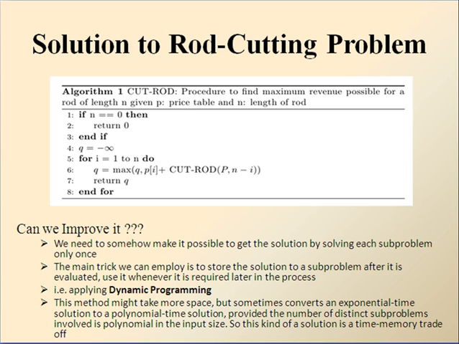This method might take more space, but sometimes converts an exponential time solution to a polynomial time solution. As you can see, this algorithm was exponentially increasing in time. So we can convert this exponential time solution to a polynomial time solution using dynamic programming, provided the number of distinct subproblems involved is also polynomial in the input size. So this kind of solution is a time-memory trade-off.